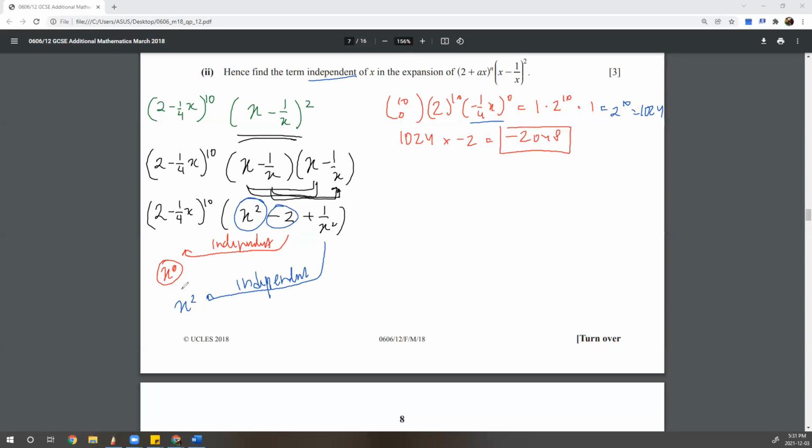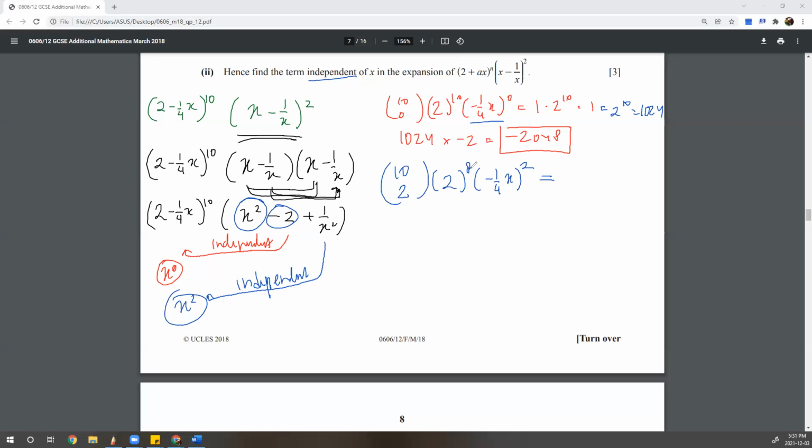If something with a square, so 10C2, of course, it is 10C2. It's obviously 2 power 8 times negative 1 over 4x power 2, right? So we get x squared. Okay, 10C2. Use your calculator.